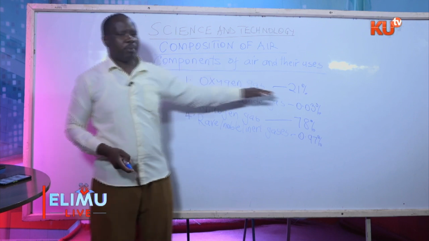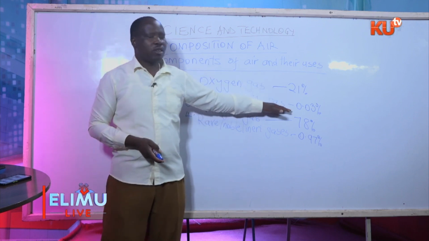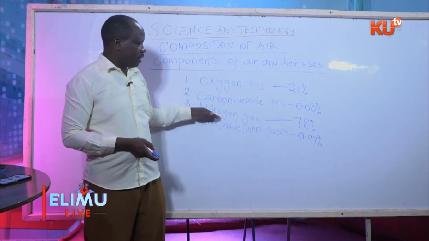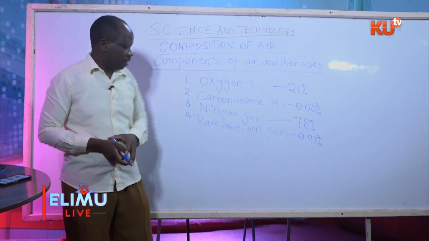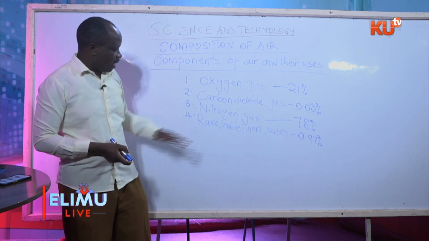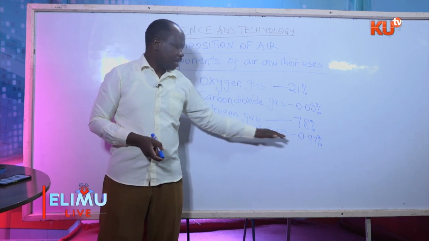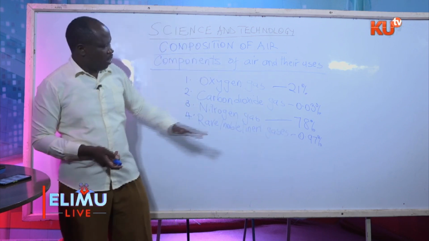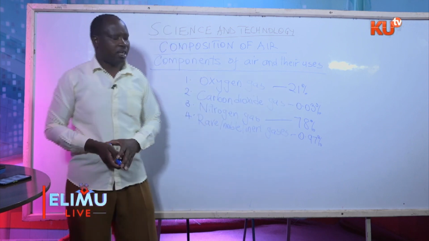Oxygen, 21%. Carbon dioxide, 0.03%. Nitrogen, which takes the greatest percentage, is 78%. And finally, the rare gases or the noble gases make up 0.97%. When you add, you get that it comes up to 100%.